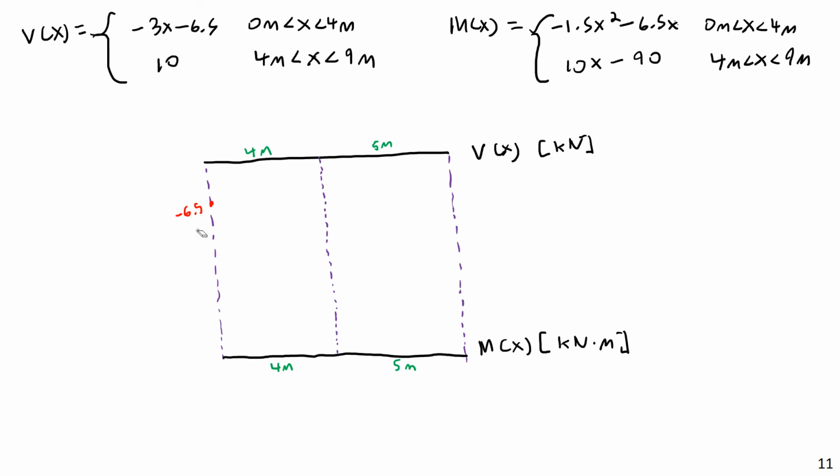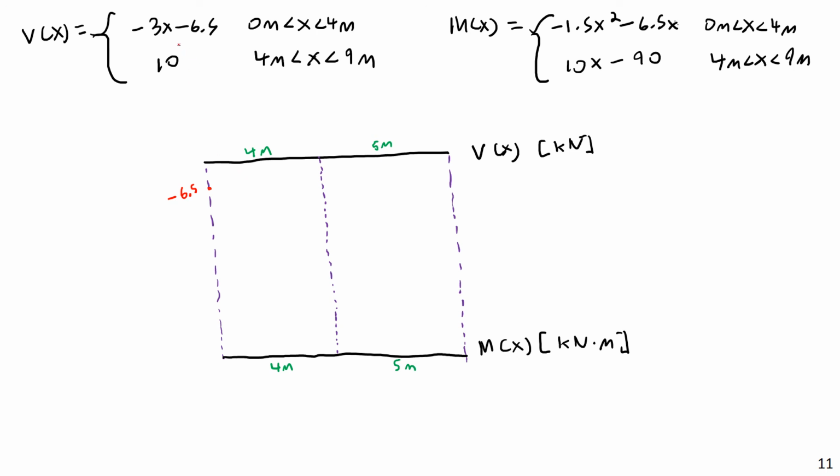So we're going to start at, actually, I want to put that a little bit higher to try to be consistent. Negative 6.5. These don't have to be to scale, but I try to keep them at least reasonably consistent.